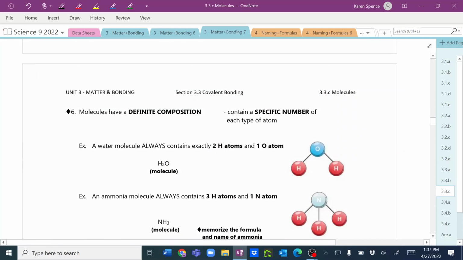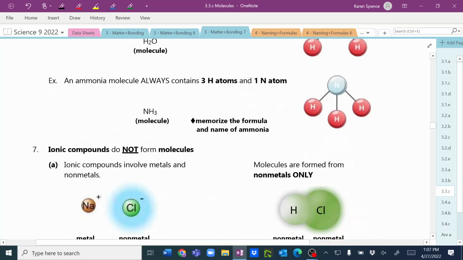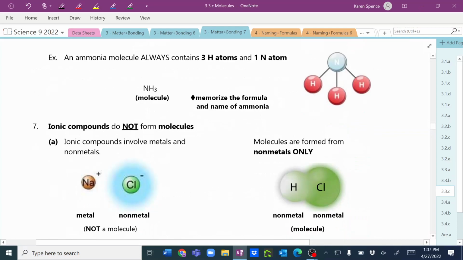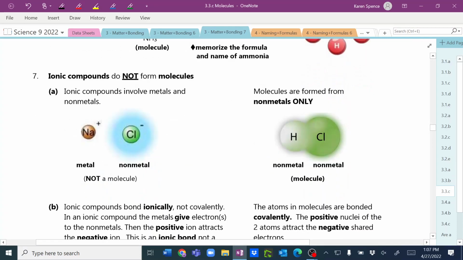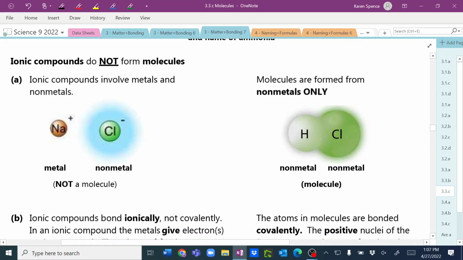I'm not going to go on much about molecules having definite composition. We did talk about it before. It is an enriched topic, so if you want to read a little bit more about it, you can. Point number 7. Ionic compounds do not form molecules. What do you see in the ionic compound that prevents it from being a molecule?